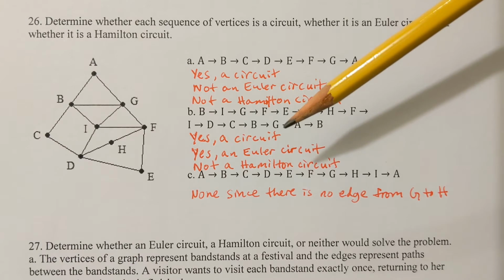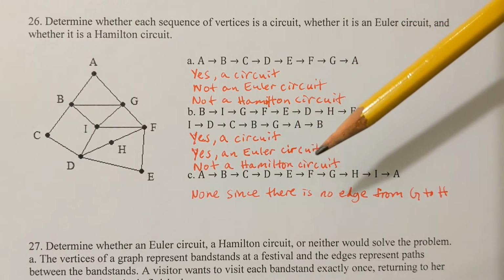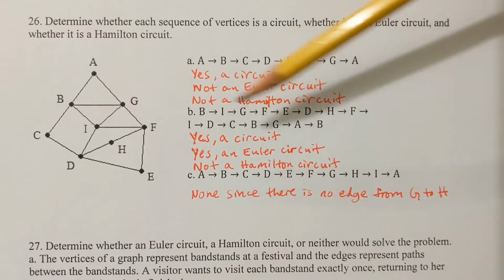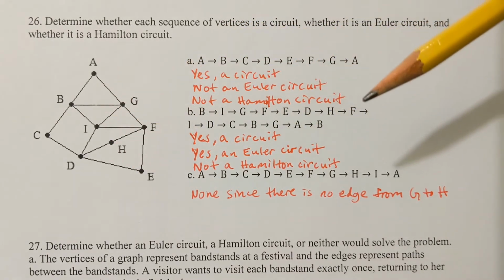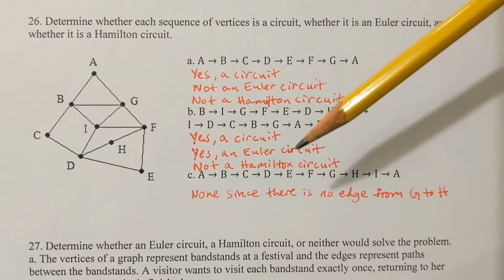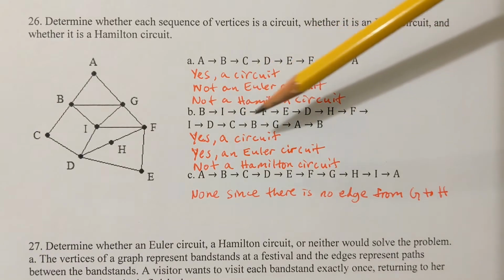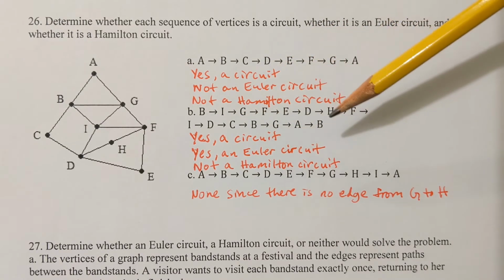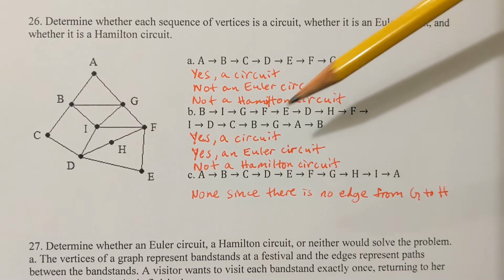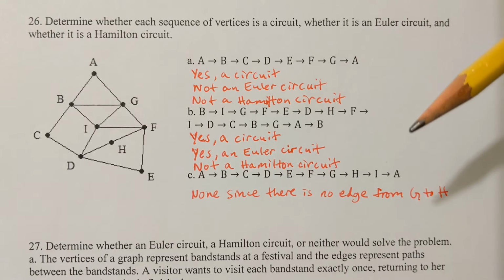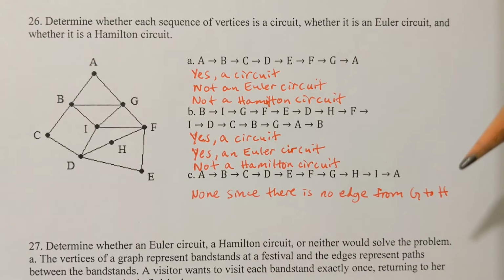I didn't touch any edge more than one time. It is an Euler circuit since the first and last vertices are the same, and I touched every single edge exactly one time. It's not a Hamilton circuit though, because, for example, B is used more than one time, and D is used more than one time. So with a Hamilton circuit, you can only touch each vertex exactly one time, and the first and last vertices have to be the same.